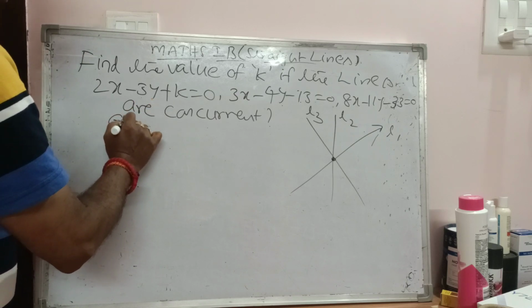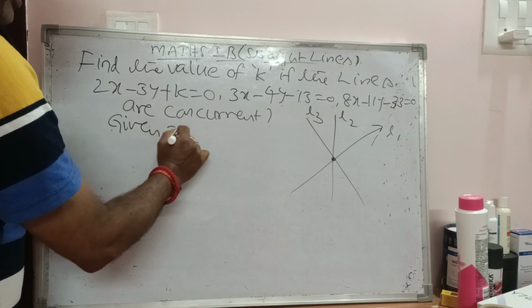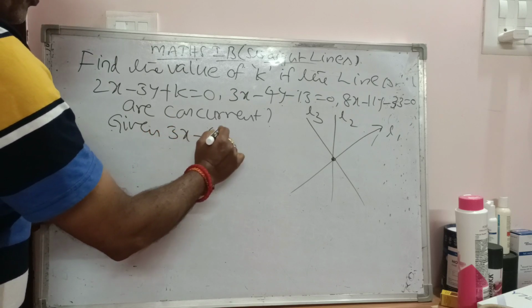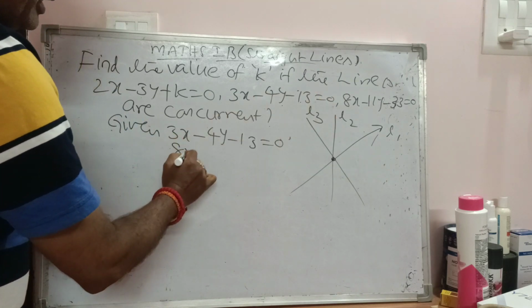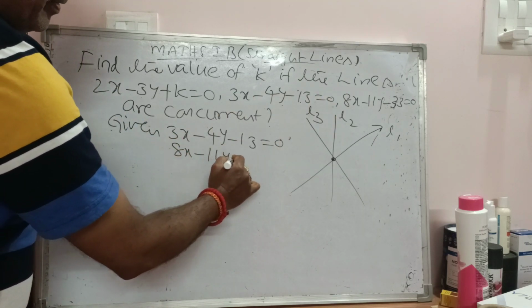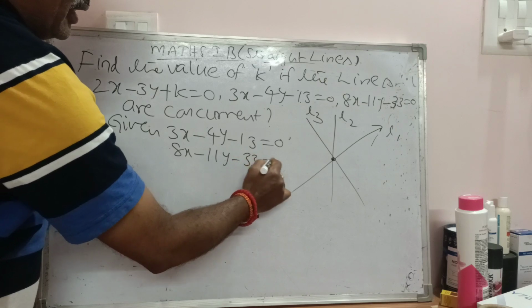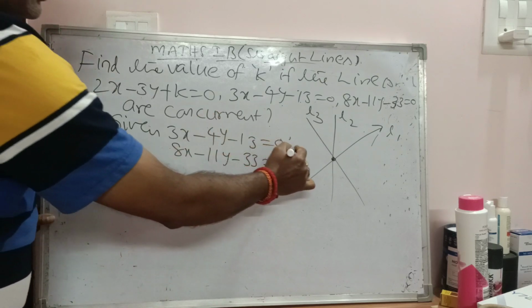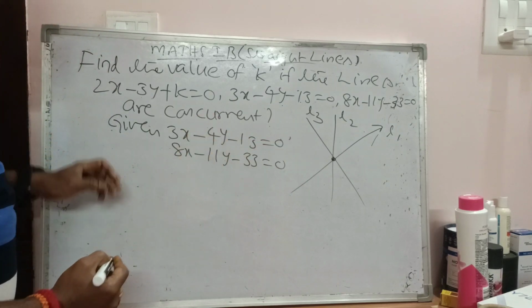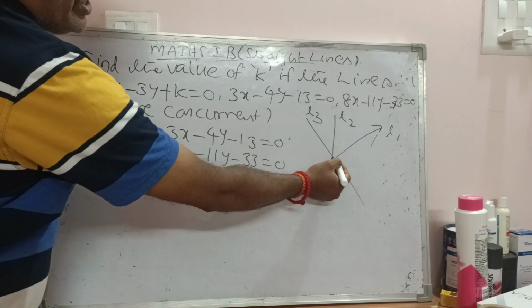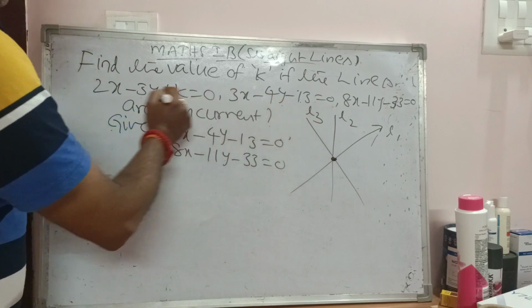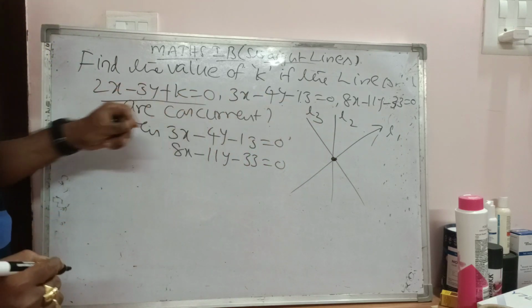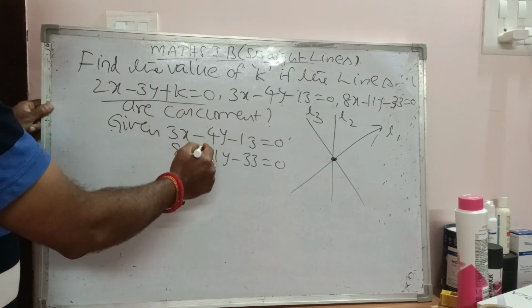Given 3x - 4y - 13 = 0 and 8x - 11y - 33 = 0. Let us solve these 2 equations so that we get a coordinate. That is the point which, when substituted in the third equation 2x - 3y + k = 0, gives the value of k.